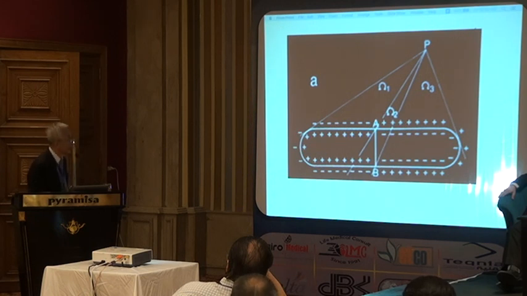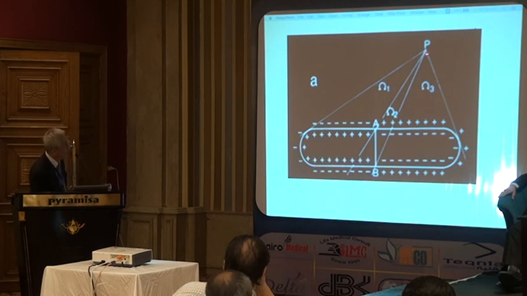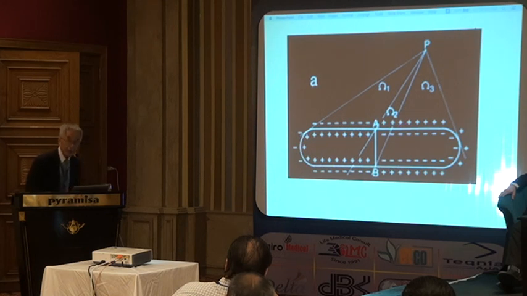All right? Now if you take omega 3, same thing happens. One dipole is positive, the other is negative, sharing the same solid angle, and therefore when you stand here, through omega 3 you see nothing. So you can cancel that, right? And that is what we call approximation, right?